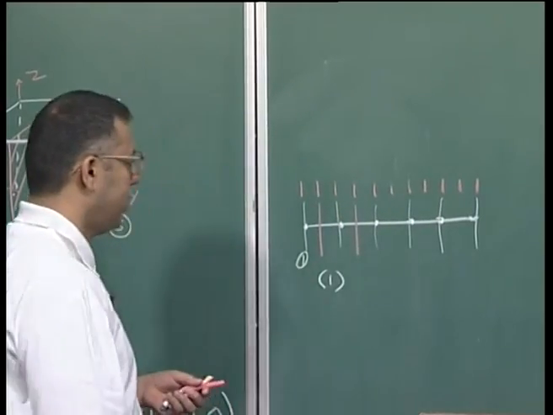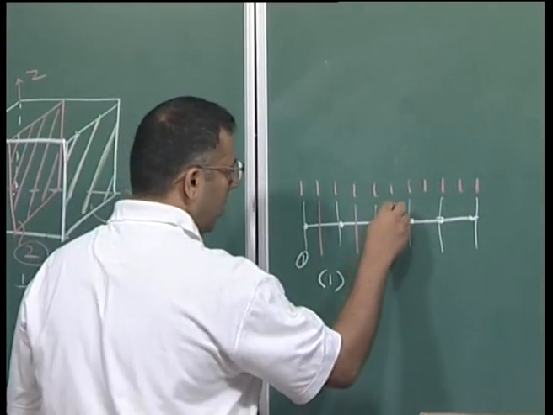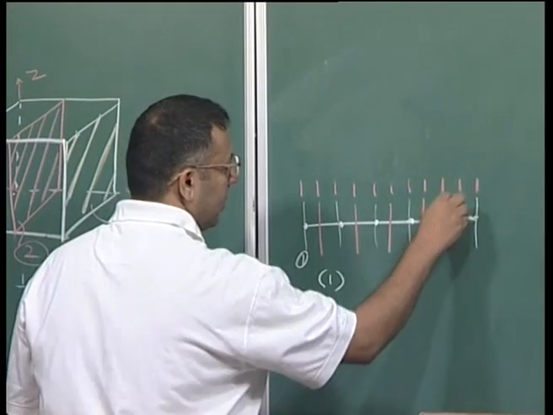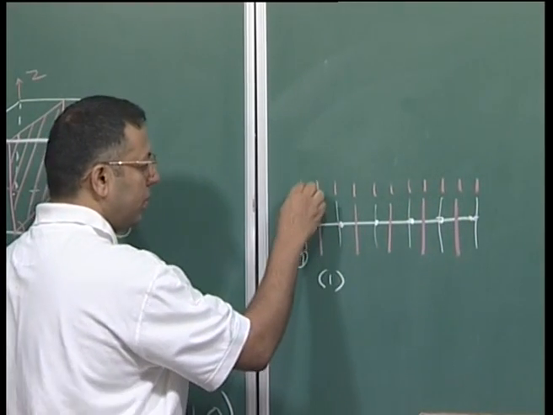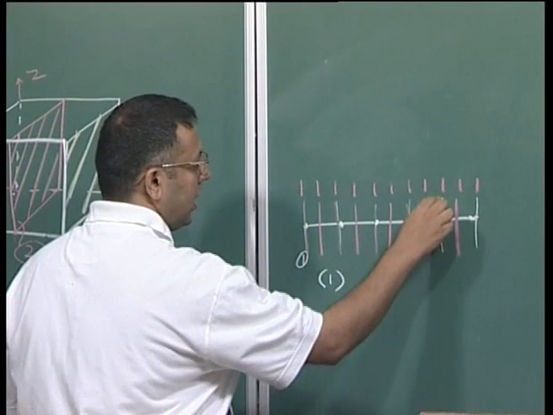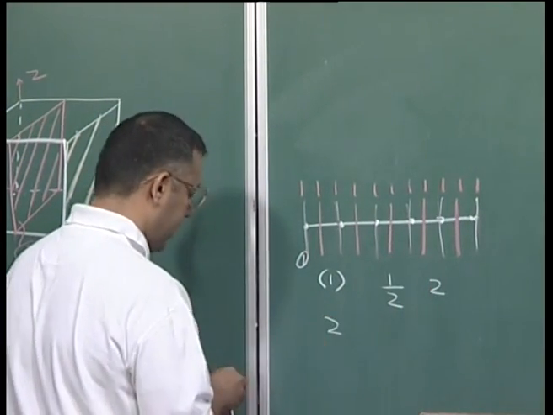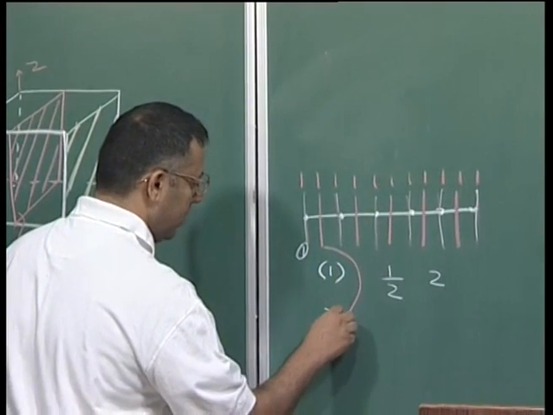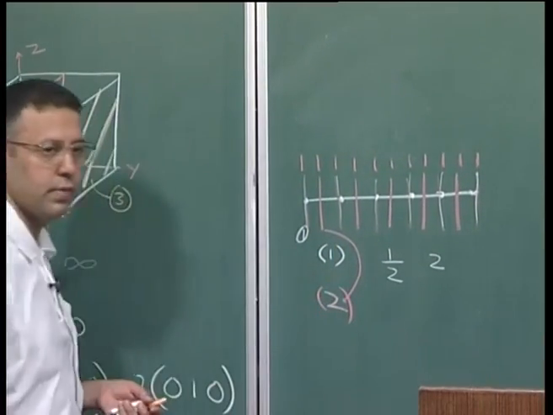So, the other set of planes now includes not only the planes which are between, but also the planes which are... let me draw them now. The red planes are 2, and I enclose it within brackets. So, the Miller indices of this plane would be 2.